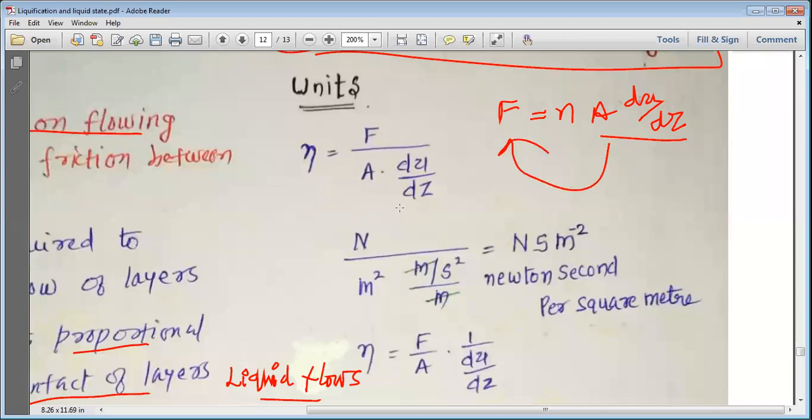We just move this term to this side. For force we write Newton, for area we write meter square, and for change in velocity we write meter per second. This is for velocity and this is the distance between the two layers, and ultimately we get the unit for coefficient of viscosity, which is Newton into second per square meter.